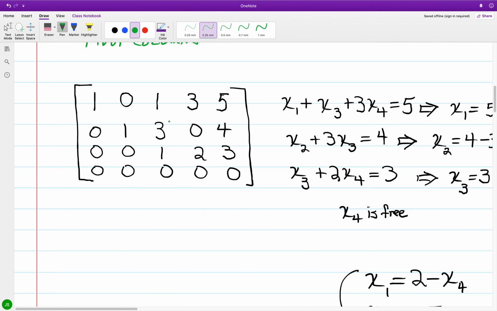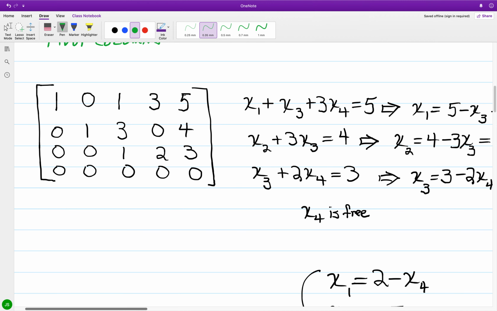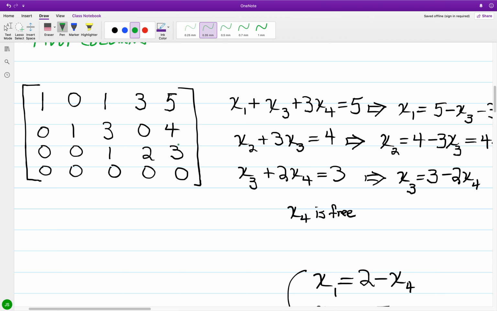If I take each row and put it in terms of the equation setup, you have 1 x of 1, and the 0 means we don't have an x of 2 element. Then with the 1, we have x of 3, plus 3 x of 4, equal to 5. With the next row, the leading term is x of 2 plus 3 times x of 3, set equal to 4.